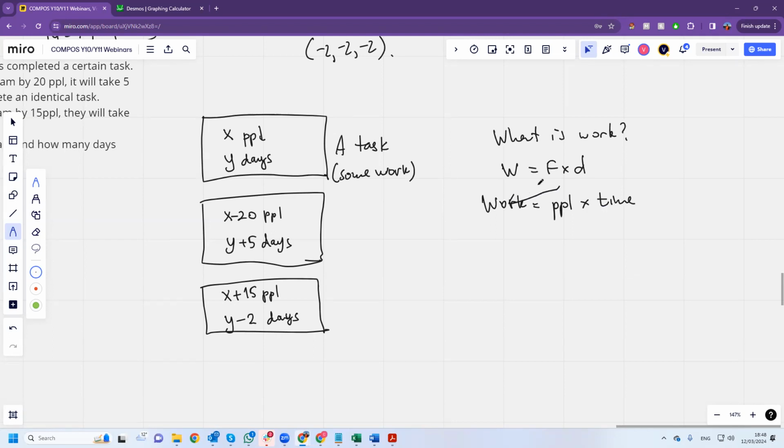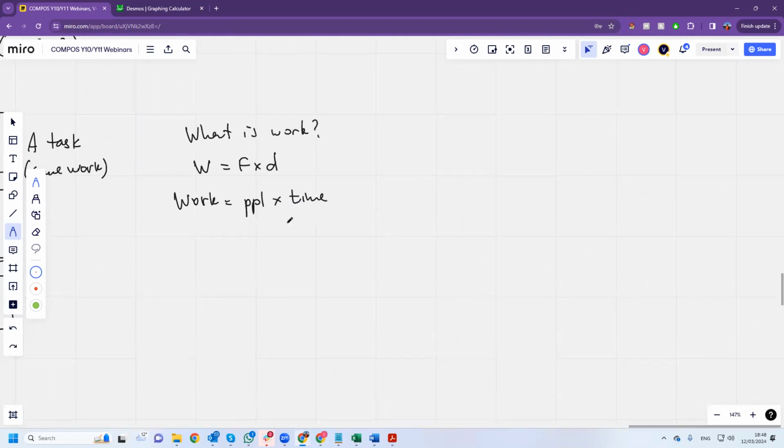Well, the productivity of a person is how much work they can do in a given time. Basically, it's their power. It's the power to do work.